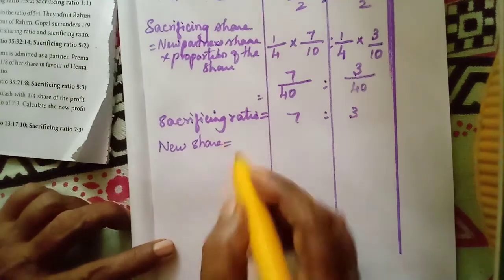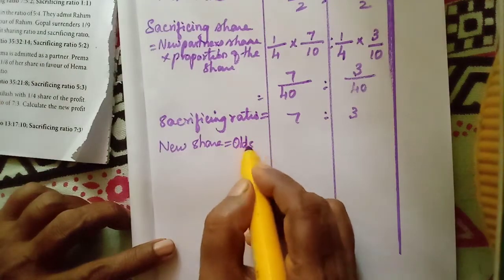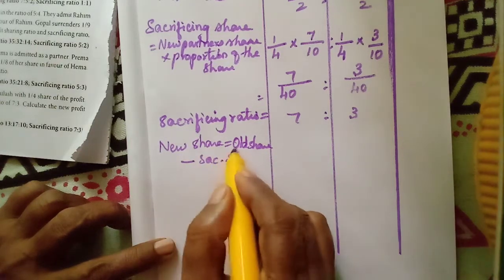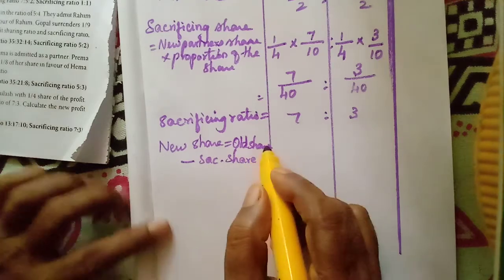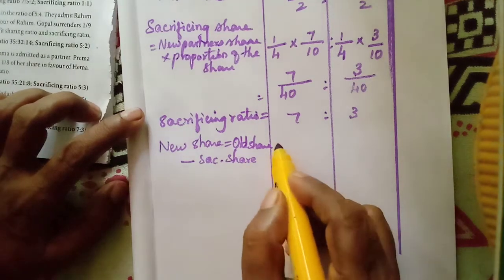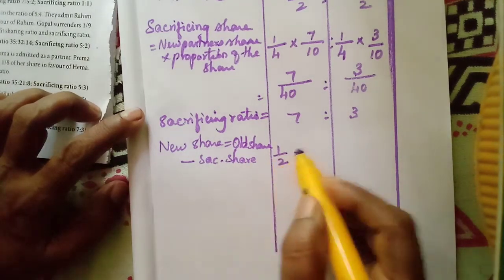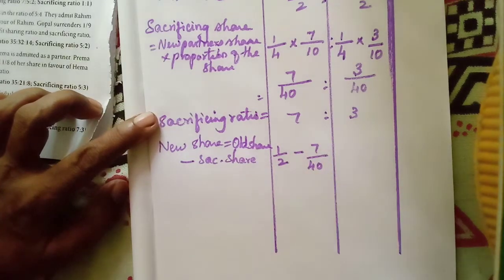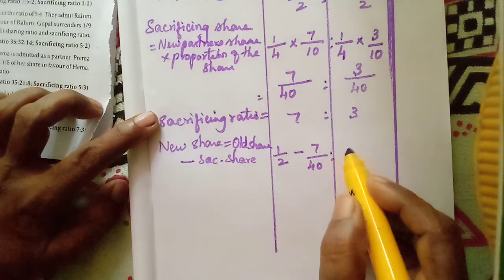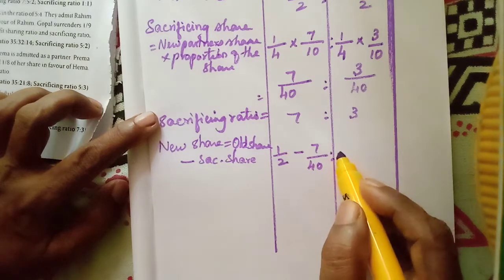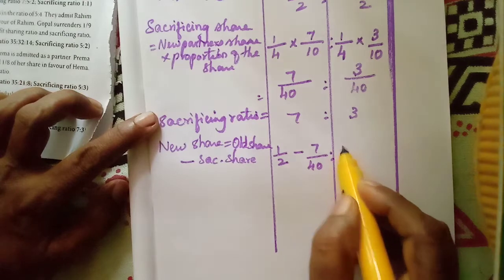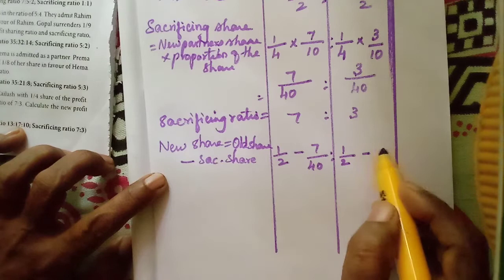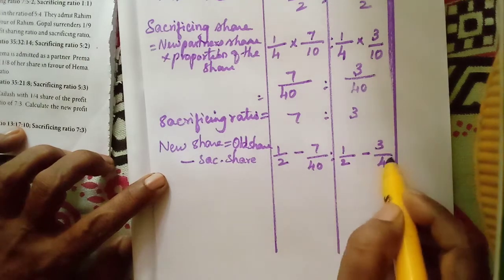as usual. Okay, old share minus sacrificing share. What is the old share? 1 by 2 minus sacrificing share 7 by 40 is to here old share 1 by 2 minus sacrificing share 3 by 40.